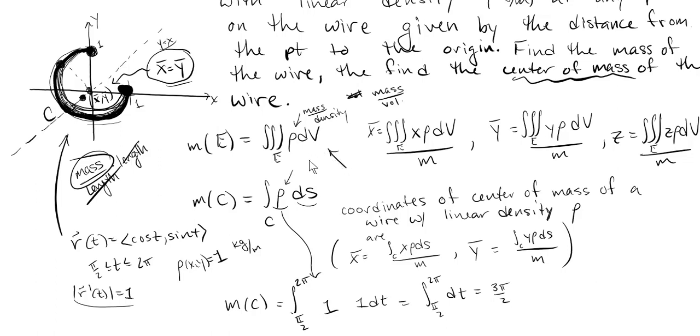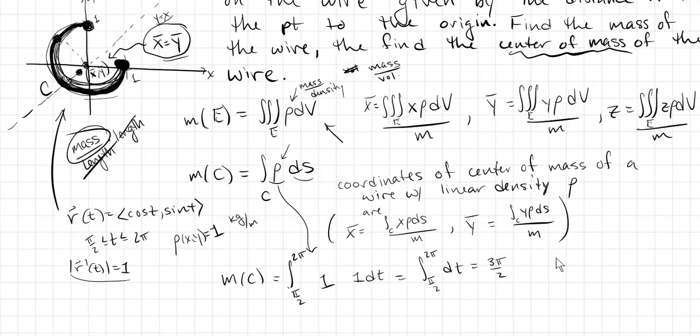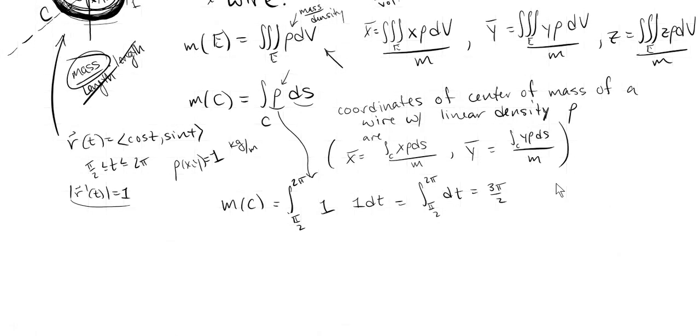The density is symmetric across the y equals x line. The actual curve, the region of integration, is graphically speaking symmetric across that line. It means the center of mass has to sit on that line. Nothing special about this side or this side. It better be right on the line. So that actually makes this pretty quick. If I want to find the center of mass, I just need to find one coordinate.